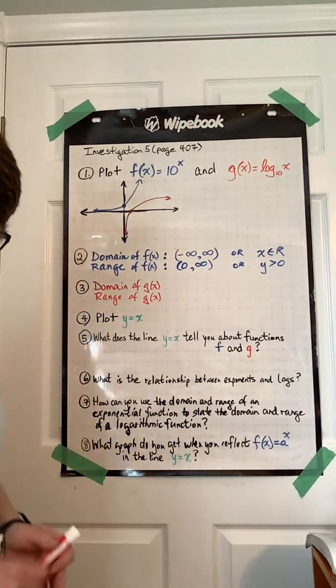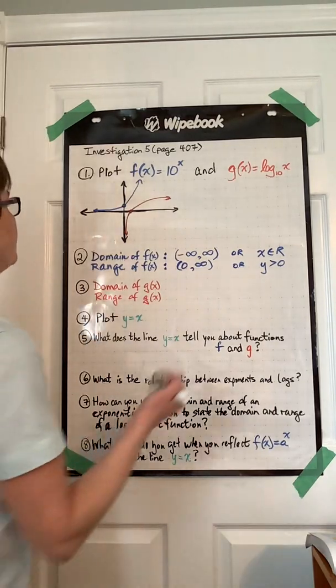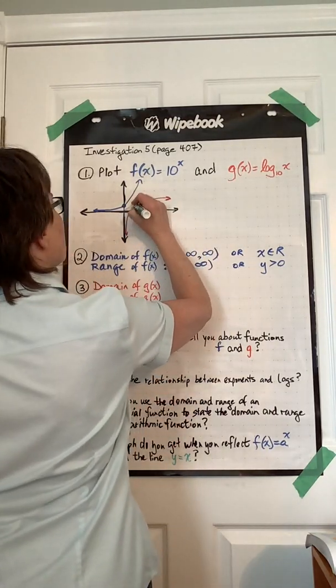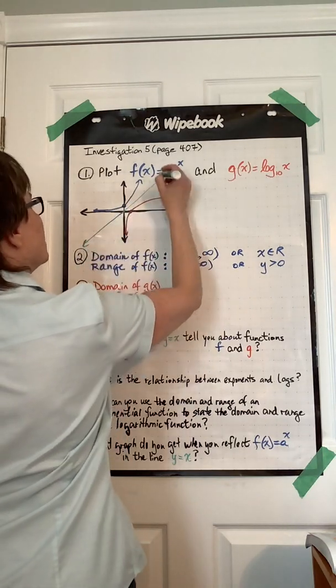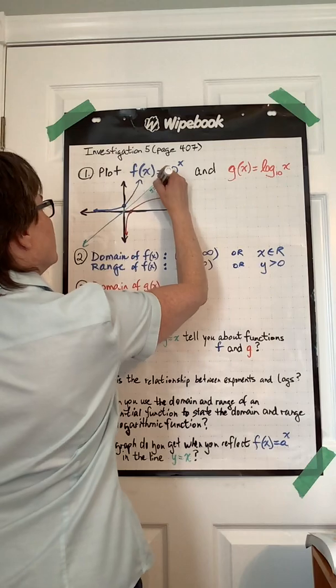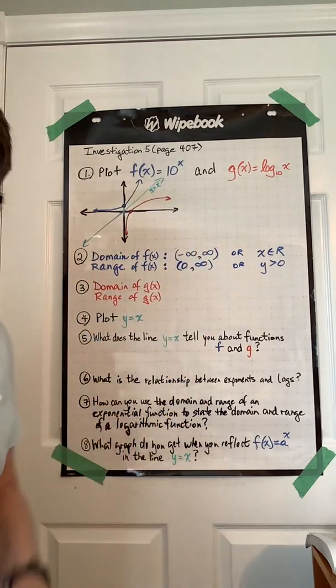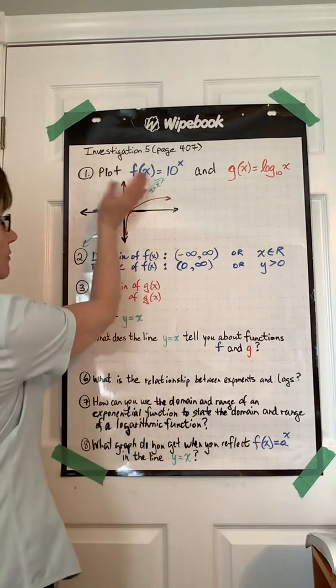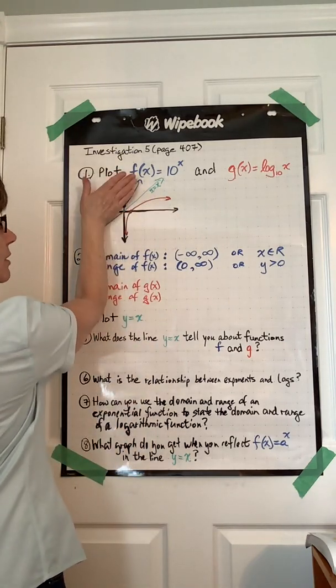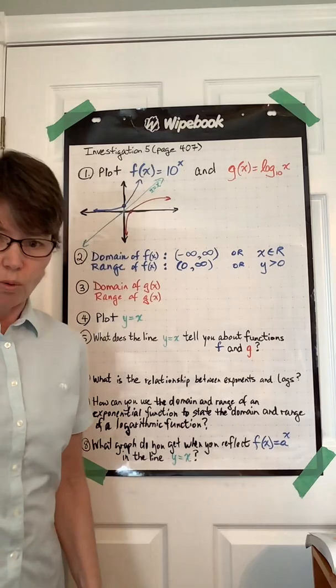Okay, let's plot y equals x. Plot y equals x, that's this diagonal line. Okay, y equals x. And hopefully you can now see what that relationship is. These two functions are actually mirrored on that line, y equals x.